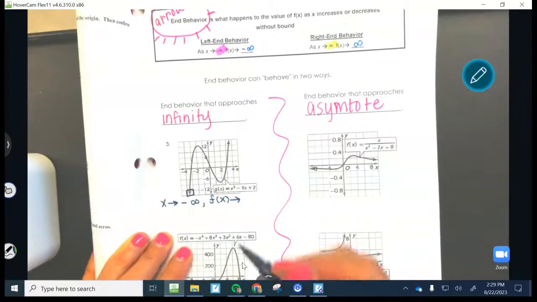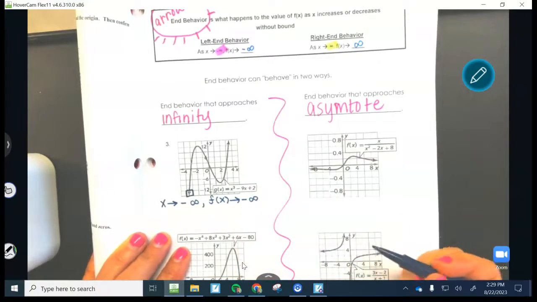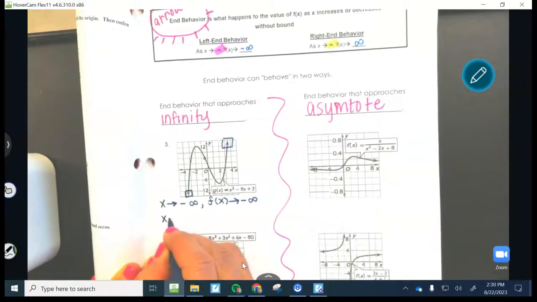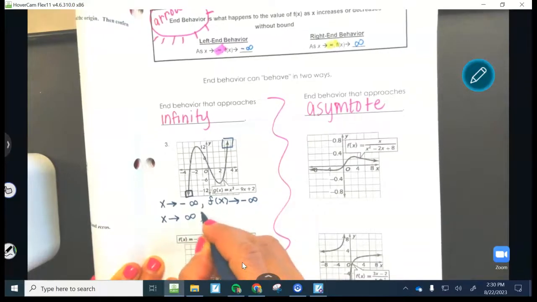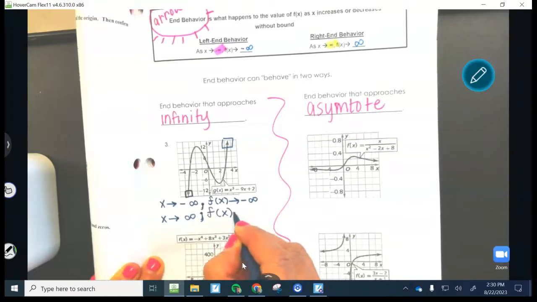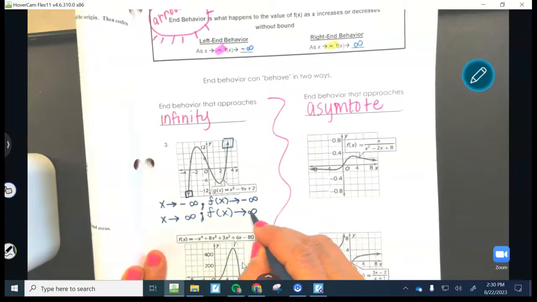They're decreasing, it's going down, so let's draw another negative infinity symbol. Here's your positive arrow. So x is going to approach positive infinity. What's happening to the outputs? Still positive infinity, good.